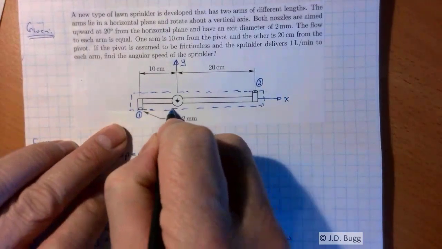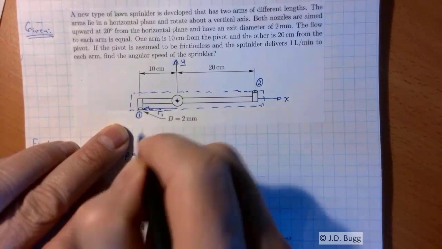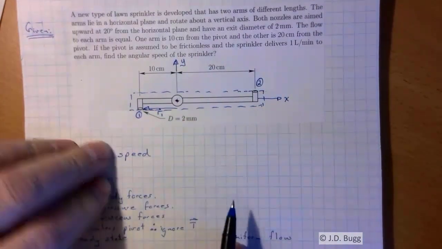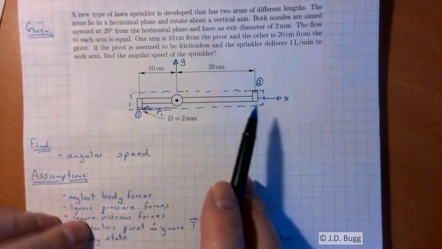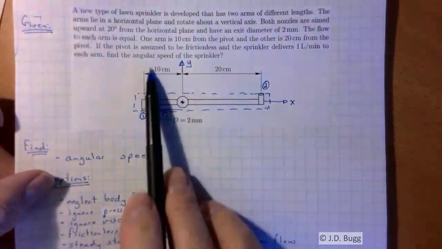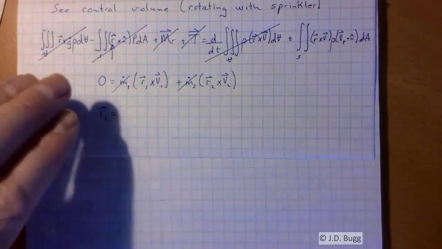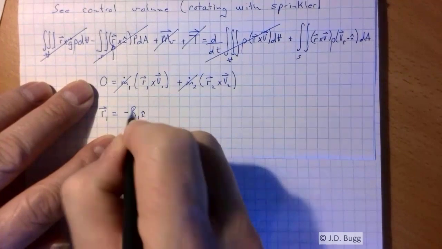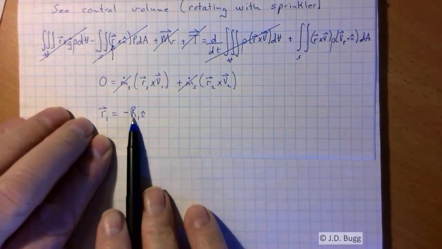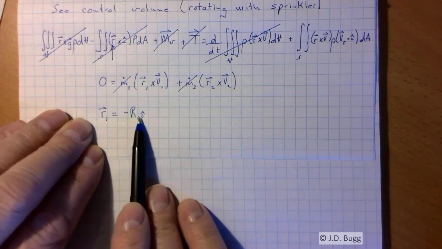So I'm going to just draw my position vector like this. So that's R1. Okay? So R1 is in the minus i hat direction. And it has a magnitude of 10 centimeters. So I'm going to write R1 down like this, minus R1 i hat, where R1 is 10 centimeters. So we'll substitute that 10 centimeters in at the end.